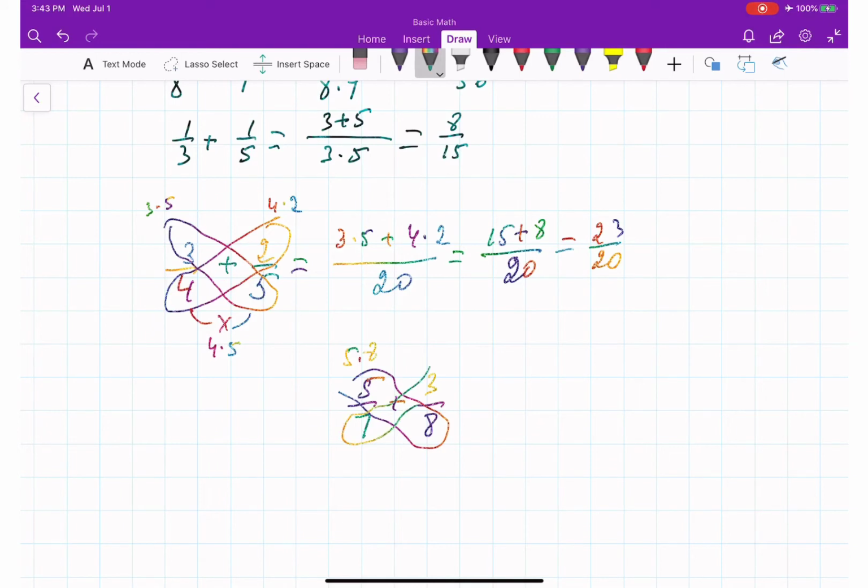Here we have 7 times 3. And these two we multiply by each other. So we get 5 times 8, 40, plus 7 times 3, 21, and 7 times 8, 56. So we are getting 61 over 56. How cool is that?